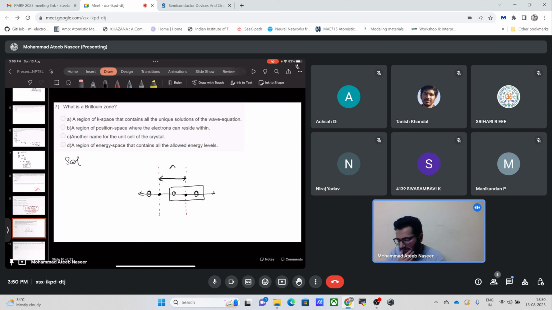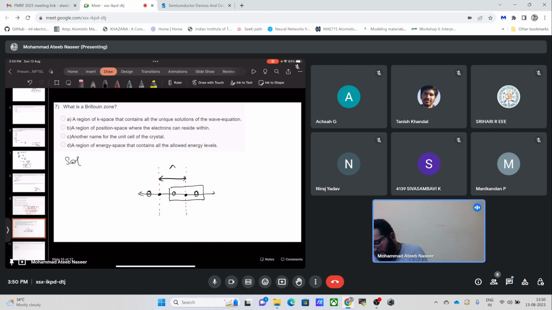So the Brillouin zone is basically a region in K space that contains the solutions to these wave equations.